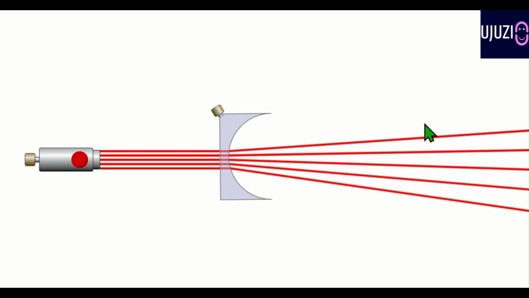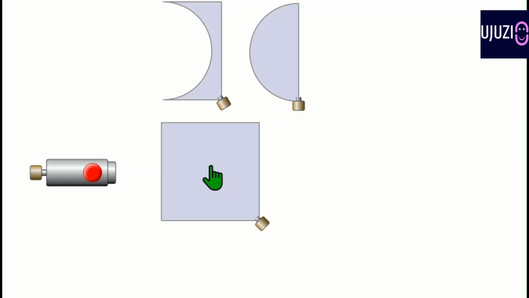In the previous one, they were converged into a single point, but now they diverge into various different directions, and they are not going to meet anymore because the lens we are using is a diverging lens. So when you hear about light and optics, the most important thing is how light, like laser light or LED light, interacts with these different types of lenses.